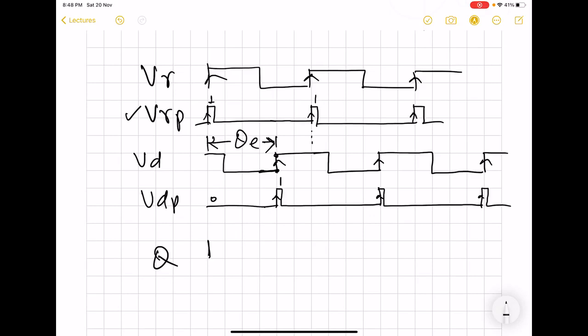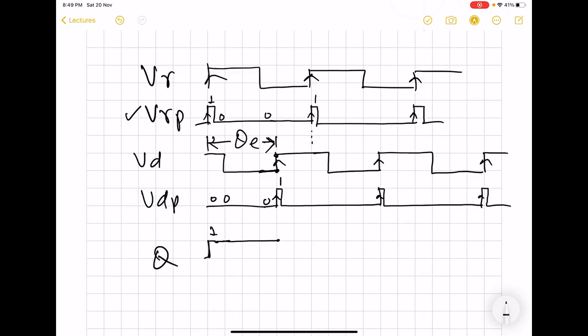It maintains this value of 1 till we have the rising edge of the VD signal, which occurs here.